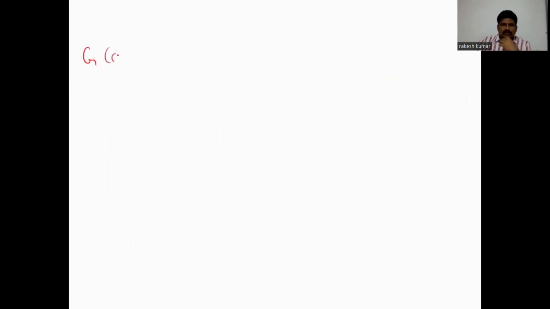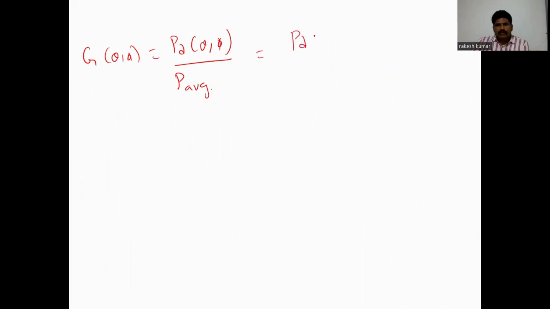Gain G of theta comma phi is equal to PD of theta comma phi by P average. This is the general form, where P average is that of an isotropic antenna. You have already derived the expression for P average of an isotropic antenna: P radiated by 4 pi r square.